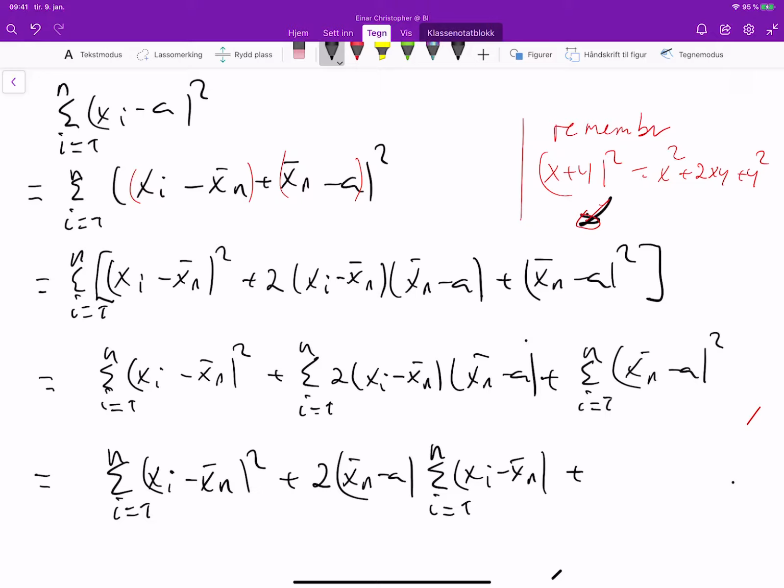So we could take the constant (x bar n minus a) to the power of 2 out, and the sum, i equal 1 to n, of 1, because we've taken everything out.